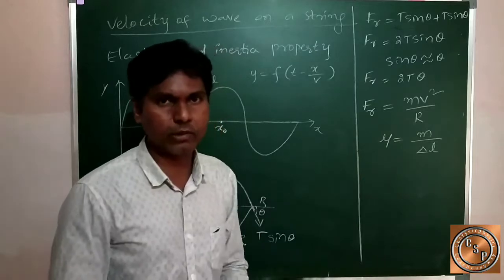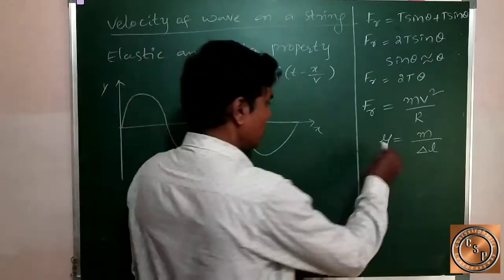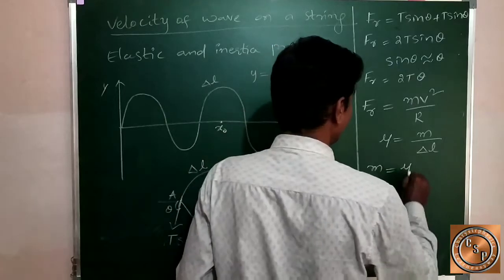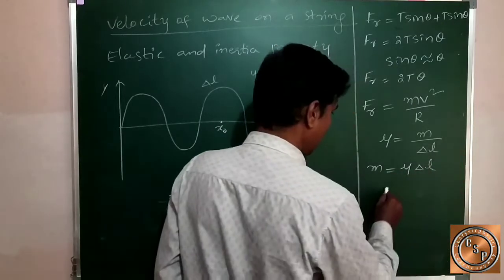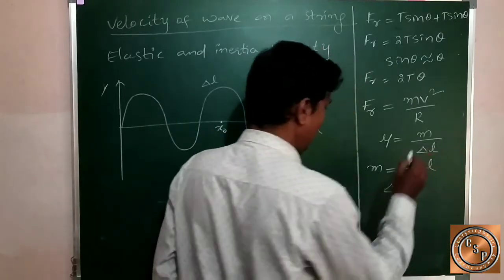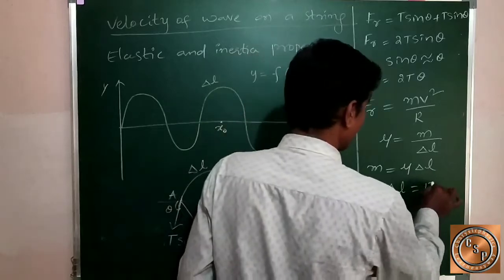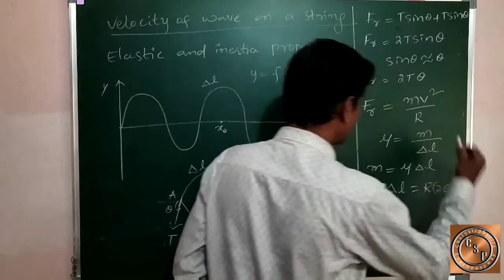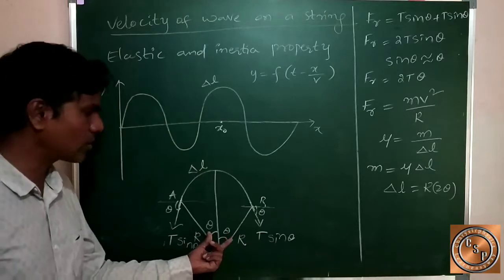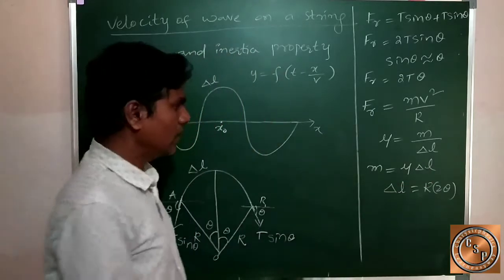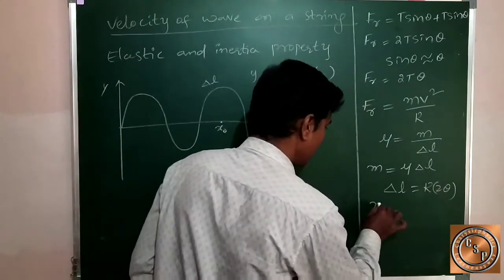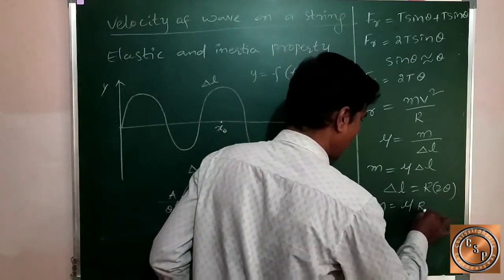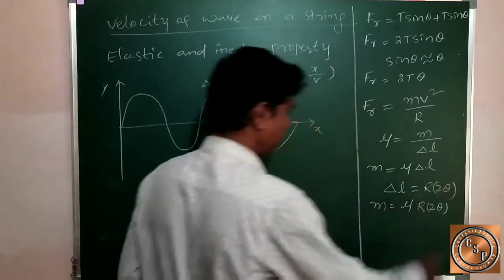That is mu equal to m by delta L. So mass m is equal to mu into delta L. But delta L is equal to capital R, the radius, into 2 theta. Both angles are there, no? The total angle taken here is 2 theta. So you can substitute here: mass m is equal to mu into delta L, that is mu R 2 theta.